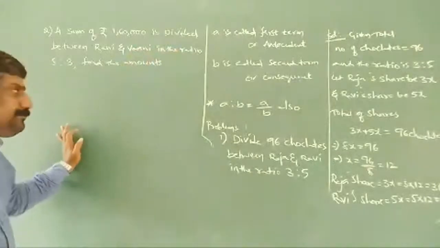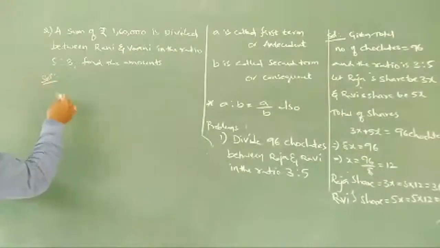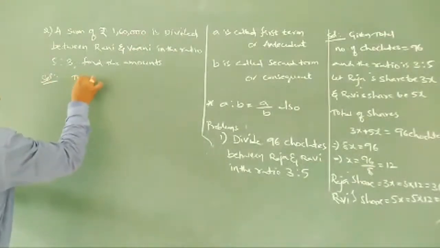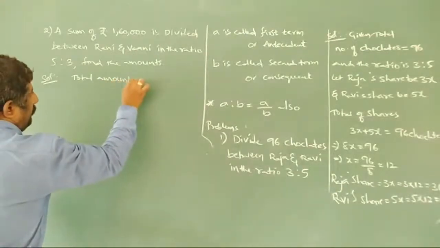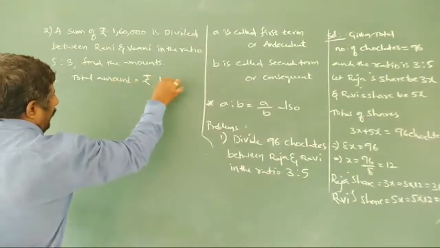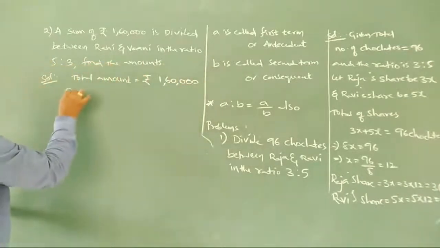Find the amounts. Okay, same problem, everything is the same. Total amount 1,60,000. Okay.